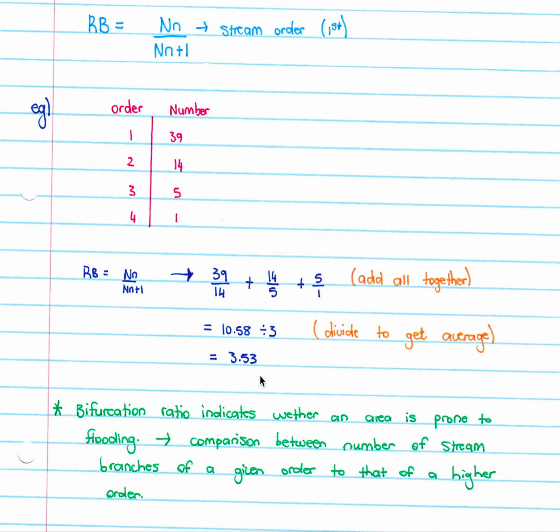If that was lower, we would have 1 first order stream flowing into a second order stream. If we had 1 stream flowing into another stream, we would have a lower chance of flooding than if we had 10 streams flowing into 1 stream. And in that way, bifurcation ratio indicates whether an area is prone to flooding.